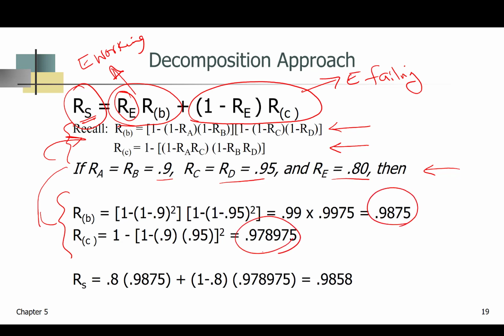And once we have reliability for B and C in a numerical manner, then we can plug them in the reliability relationship that we found, and we get the overall reliability of the system to be 0.9858.